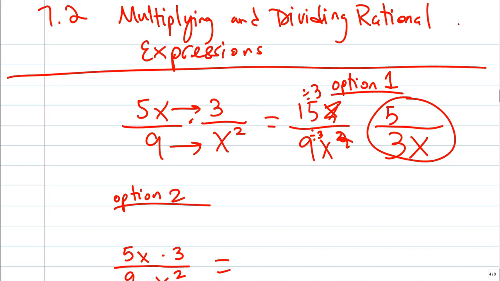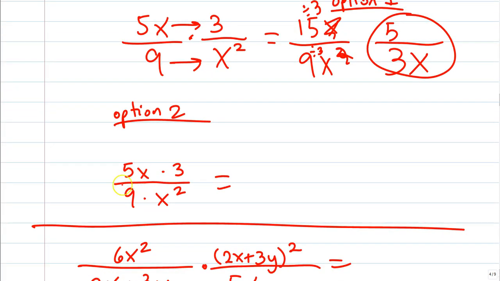So rather than multiply them together, I'm going to just treat it like one big fraction where I put the 5x times 3 on the top and the 9 times x squared on the bottom. So one fraction over one, 1 over 1 basically. And rather than multiply those together, I'm going to simplify first. So I see, okay, I got a 3 over a 9. That 3 cancels out. This 9 becomes a 3.